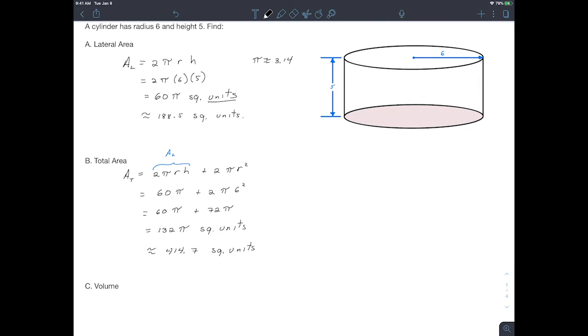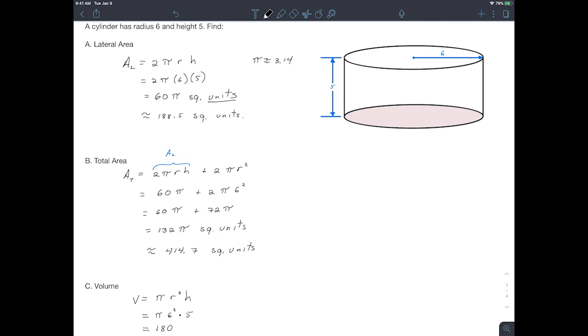All right, finally, the volume of our cylinder will equal pi times the radius squared times the height. And we have all of these values. The radius is 6 squared times 5. 6 squared is 36 times 5 is 180.